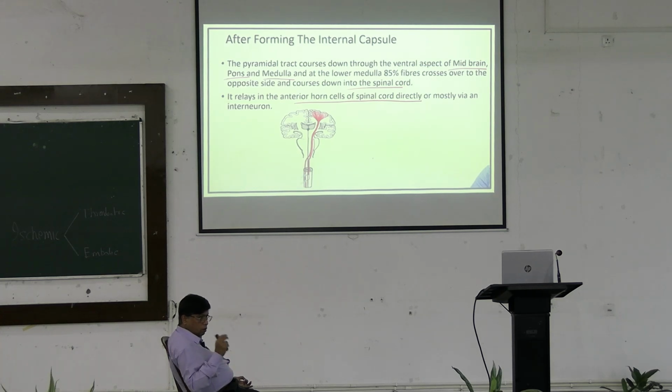This coordination, as we discussed in previous classes, is done by the pyramidal and extrapyramidal tracts. The corticospinal tract will inhibit this reflex and say do not flex much, just flex adequately. This way the local spinal reflex is controlled by the corticospinal tract.